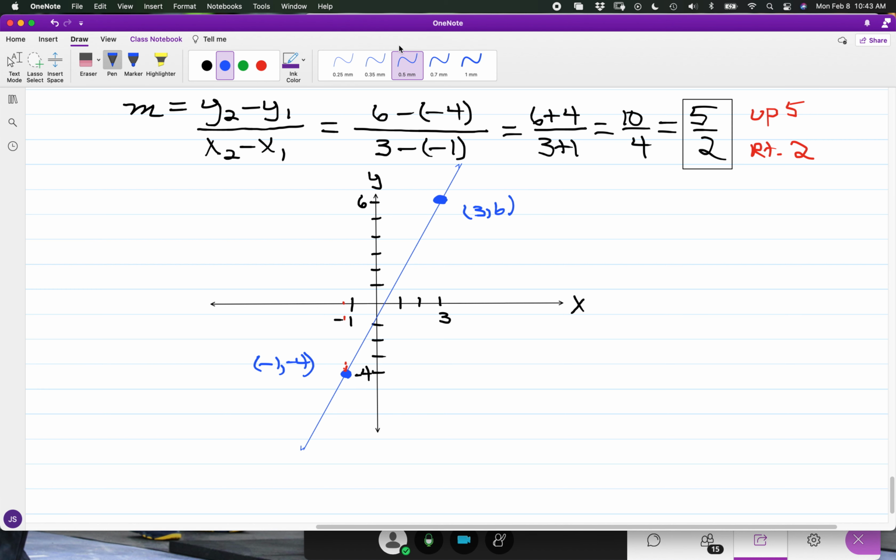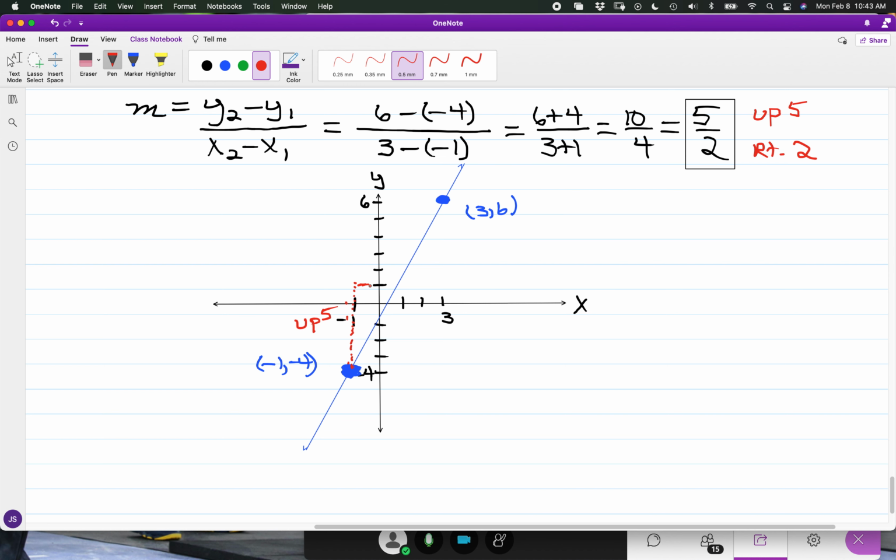Trying to draw this in proportion, not having much success, but we'll make amends. If I go up 5 units, I would go through -1 here. Then you have going out to the right 3 units, and staying on this line, I have an intermediate point at (1, 1). And if I were to go up another 5 units.